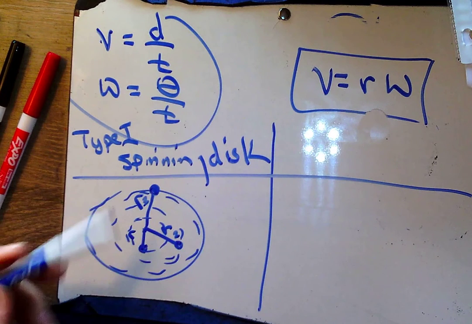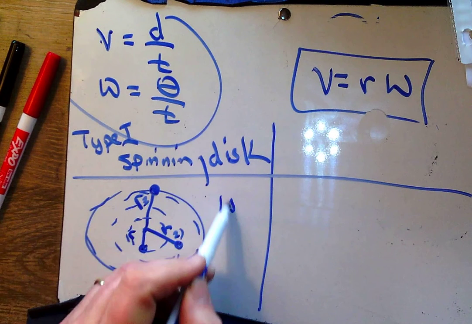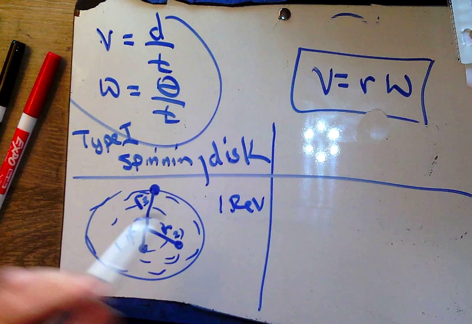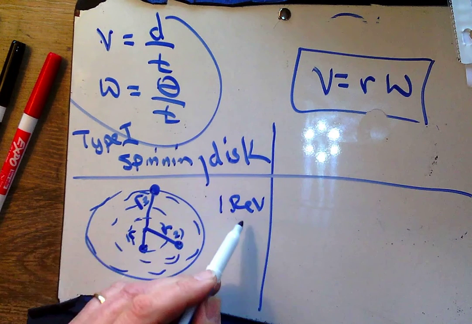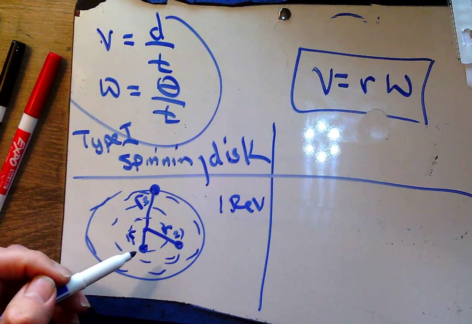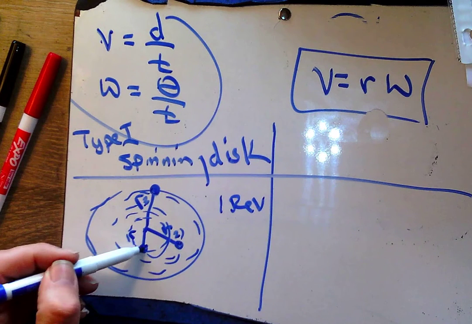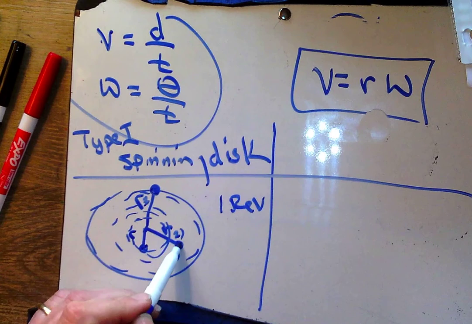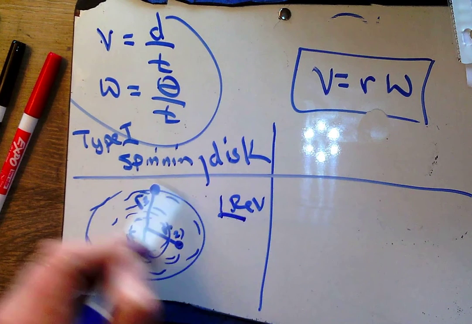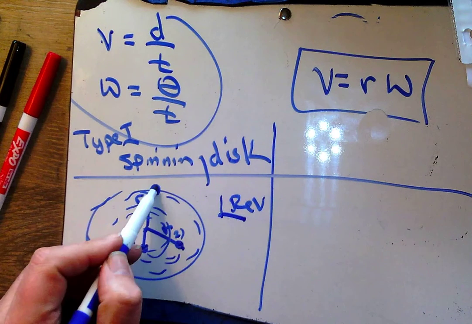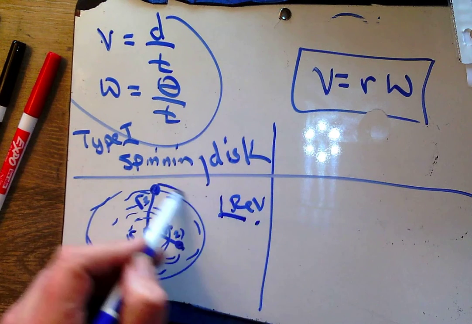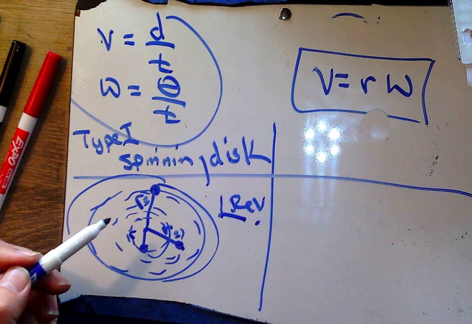As I make one revolution, if this point starts here, where does it end up after one revolution? Back here again. How about this one? If I make one revolution of this spinning disk, doesn't this point end up back here? And how about this one? If I make one revolution, I get right back here.